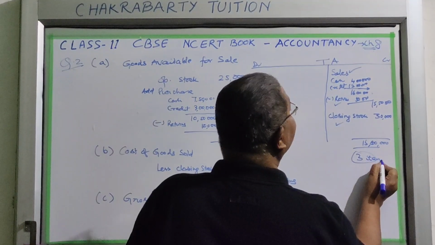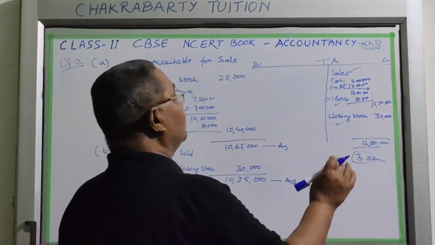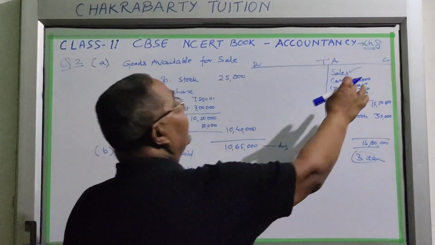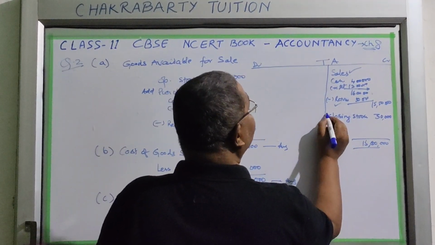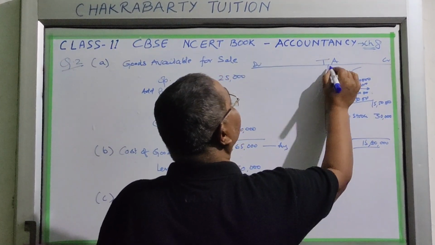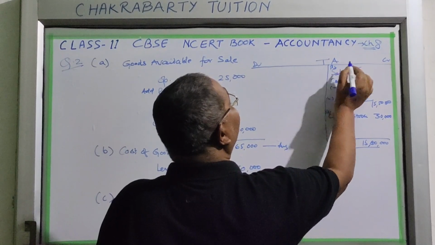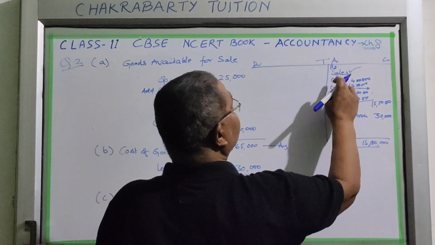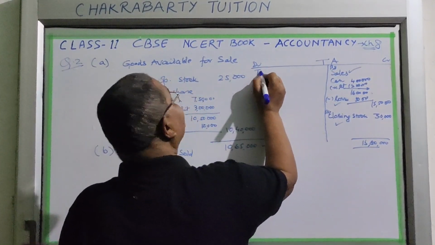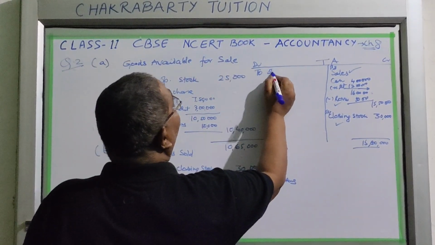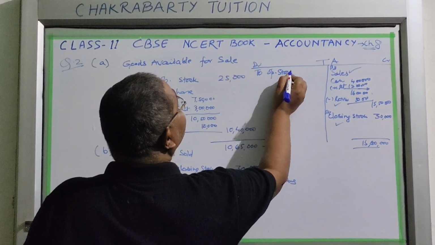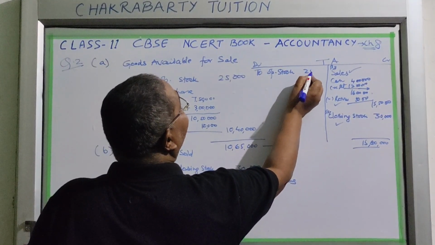Here on the debit side, you remember it, and this is the credit side. All the items you have to write using the words 'by' and 'to', because it is an account, and in an account we use 'by' on this side and 'to' on this side. So on this side first comes the opening stock. Learn this and keep it in mind always.